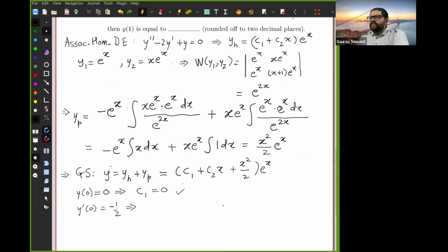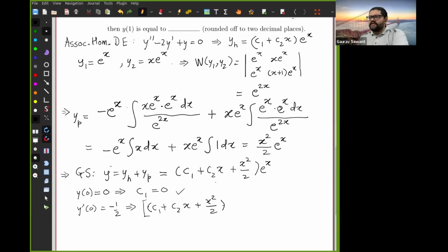So let's calculate y dash from this expression. I will have c1 plus c2 x plus x square by 2. There is an e power x, but I'm going to take it out common anyway. So the first expression, then the derivative of the second, plus derivative of the first and then second.